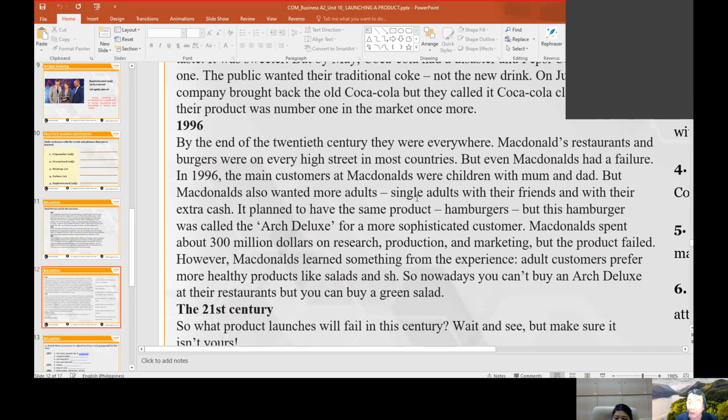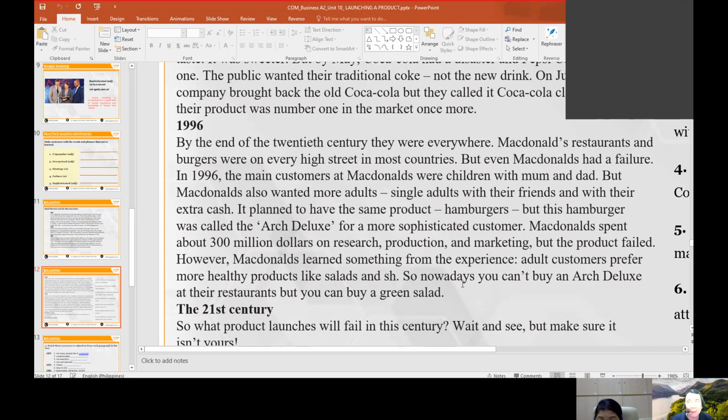Oh, so McDonald's also experienced being unsuccessful, no? Yes, they became unsuccessful during the first time, but of course they improved their production, their research, and their marketing.